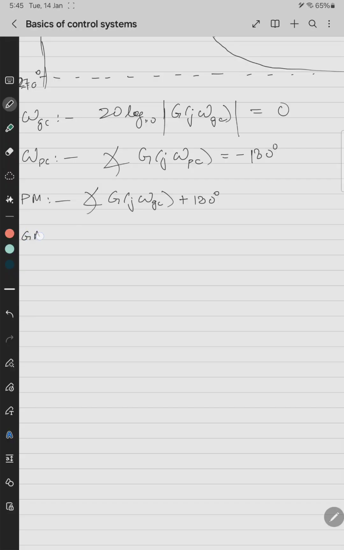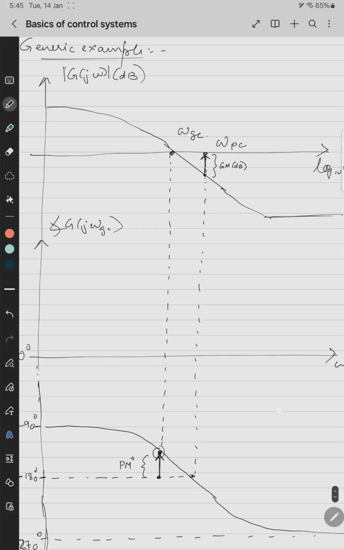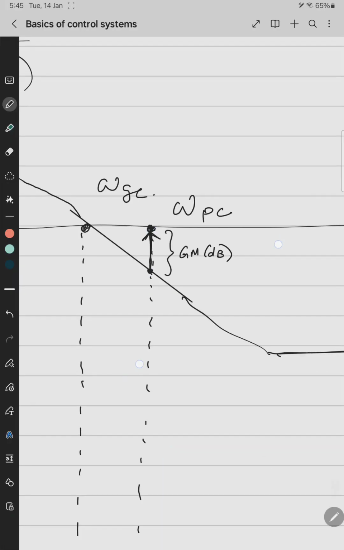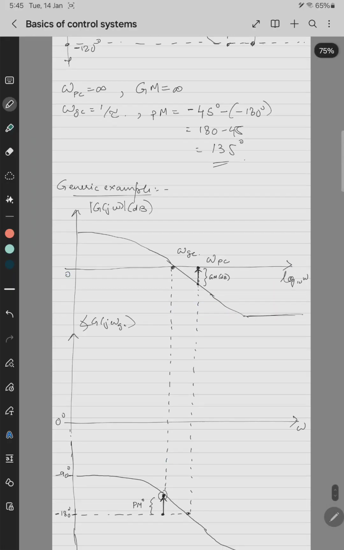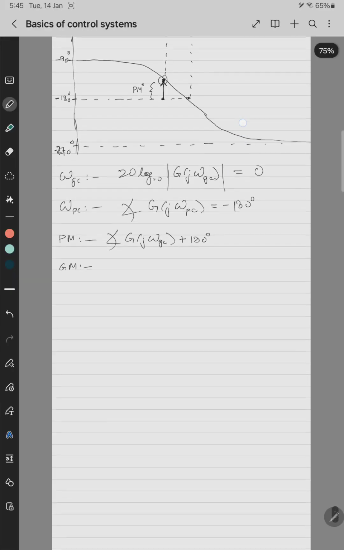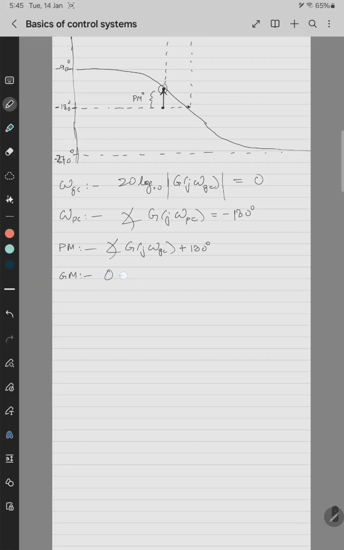Then gain margin. What is gain margin? Again, this arrow, this point minus this point. What is this point in decibel? It is 0 decibel. And what is this point in decibel? This point is 20 log base 10 of this, so it becomes 0 minus 20 log base 10 of mod of G of j omega.